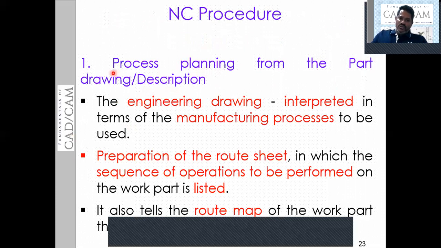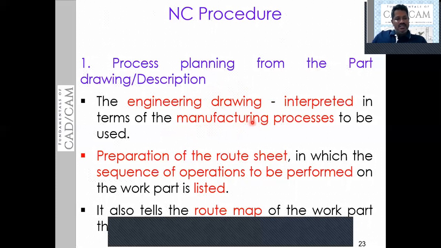During the process planning, the engineering drawing or design data will be taken as input, and that engineering data will be interpreted in terms of the manufacturing process.